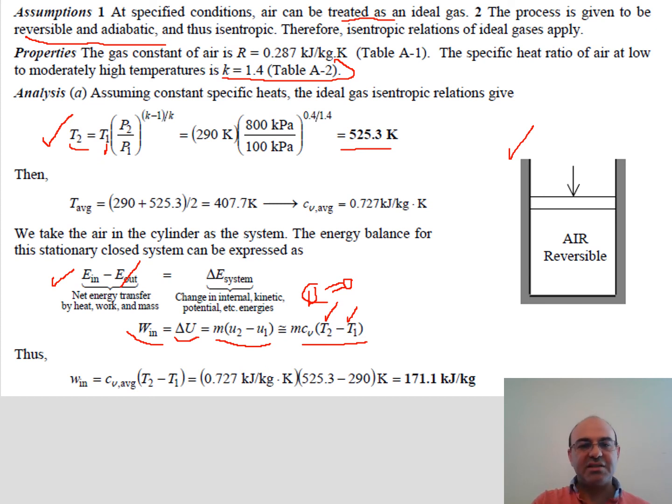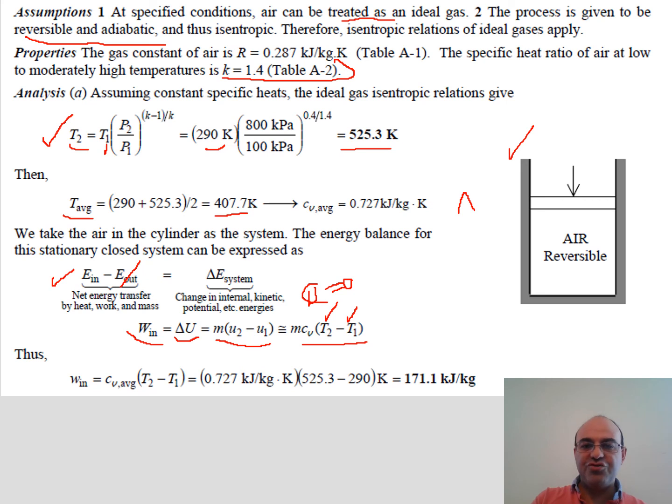So during this process, the temperature changes from 290 to 525.3. So in order to find a good approximation for cv, we need to find the average temperature of the initial temperature and final temperature, and then go ahead and use table, I believe it's table A2.